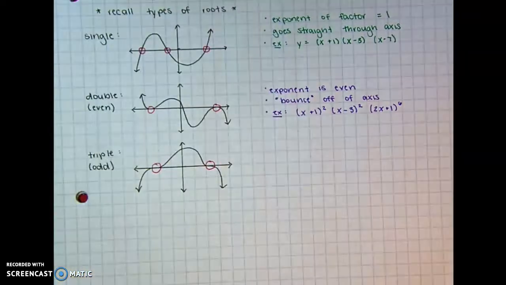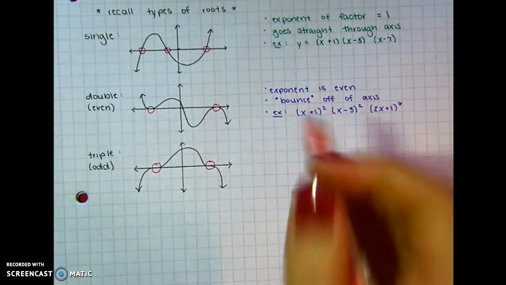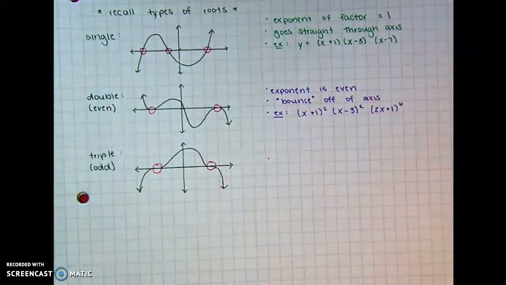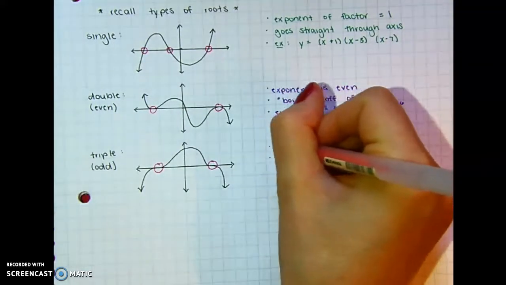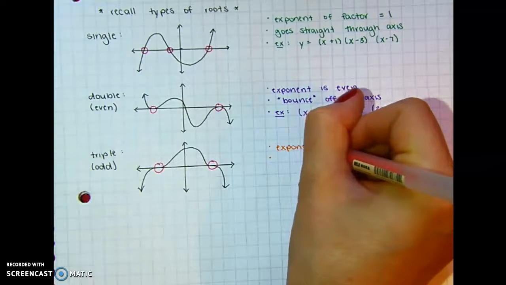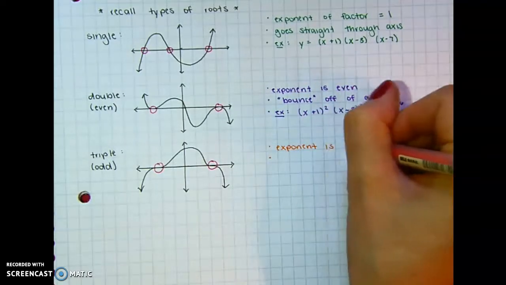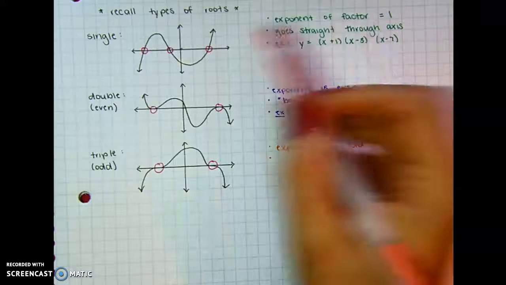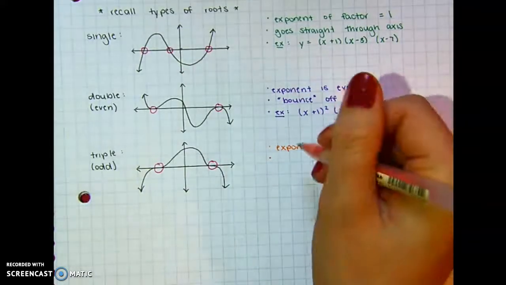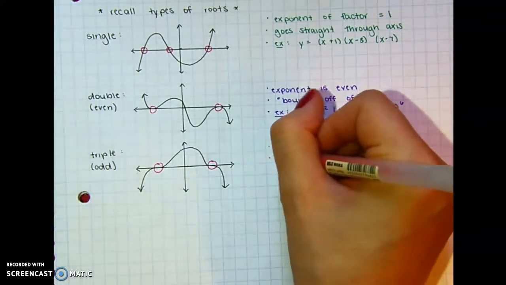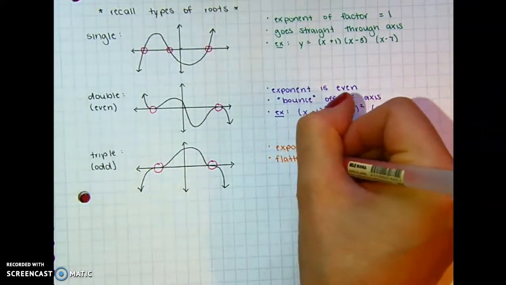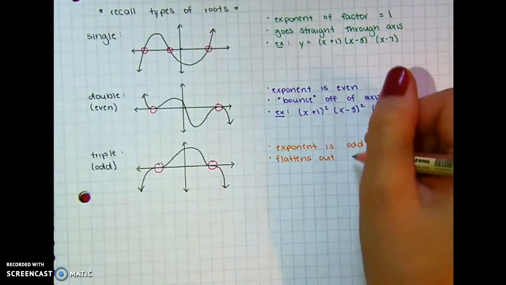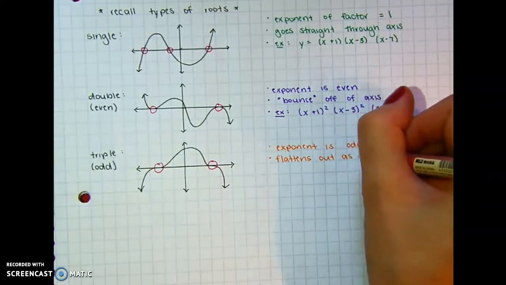And so your exponent is odd, of course, with the exception of 1, because that's its own thing. It kind of flattens out as it goes through the axis.